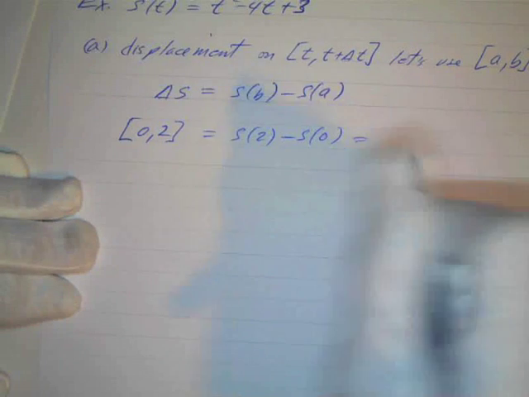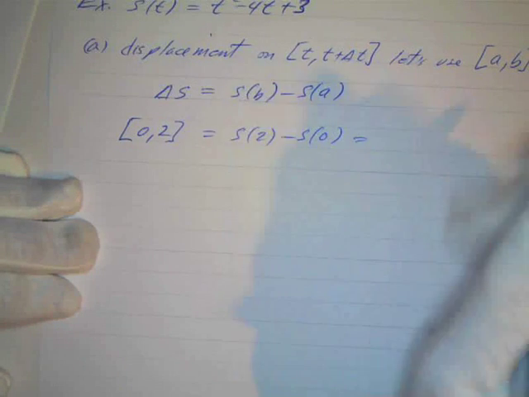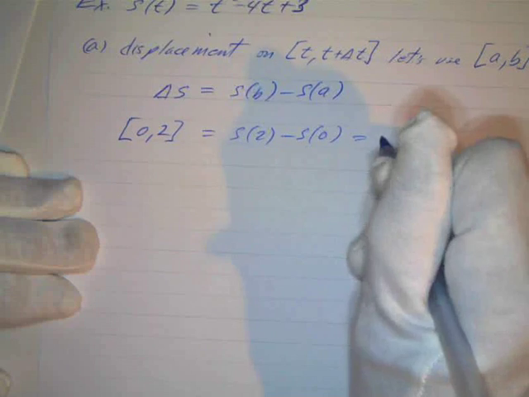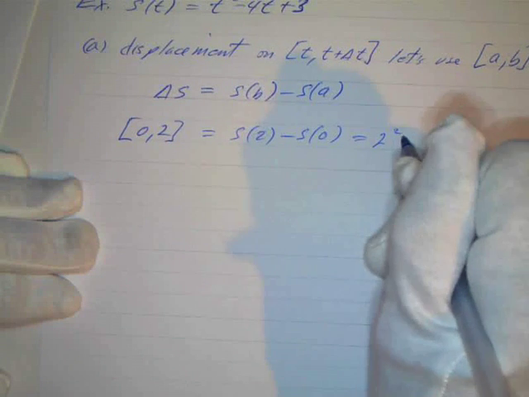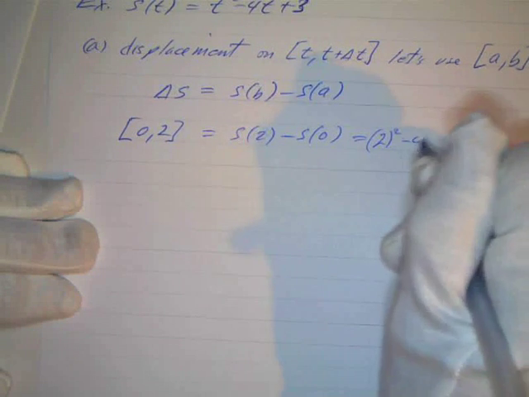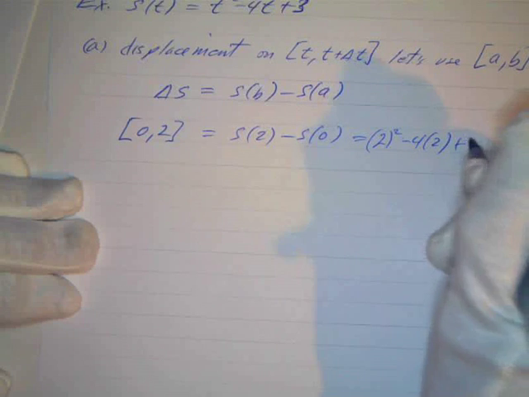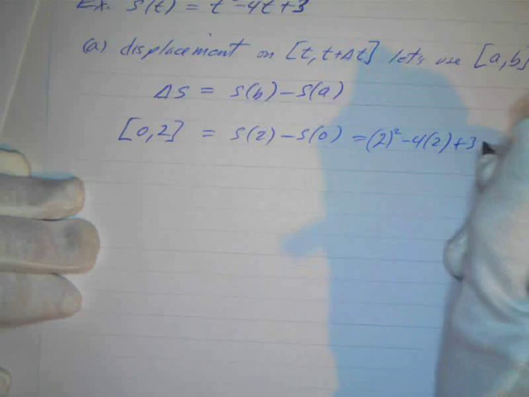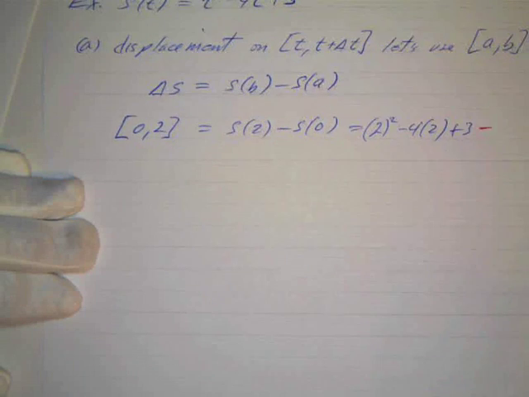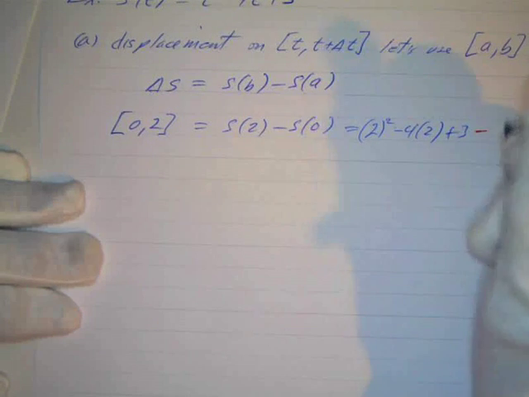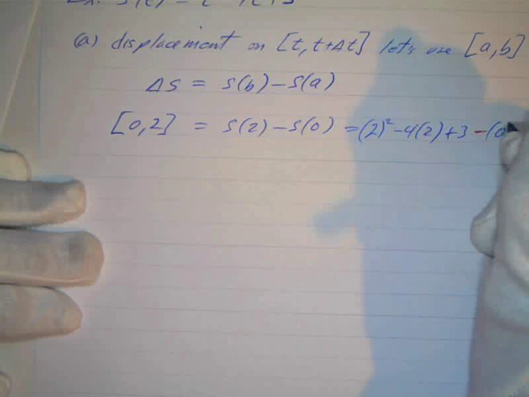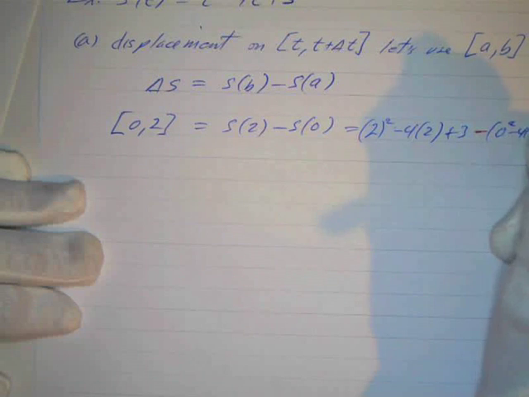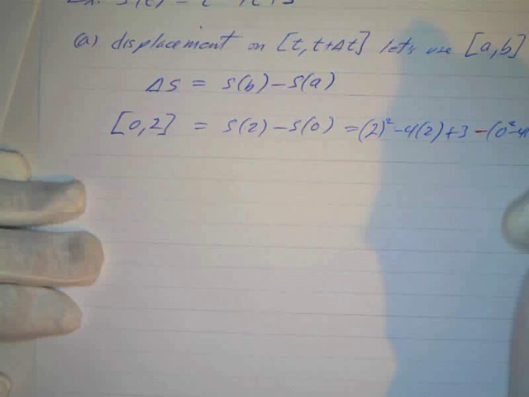And that's going to equal, if I put 2 in here, 2 squared minus 4 times 2 plus 3, minus s of 0. And if we put 0 in here, we're going to get 0 squared minus 4 times 0 plus 3.